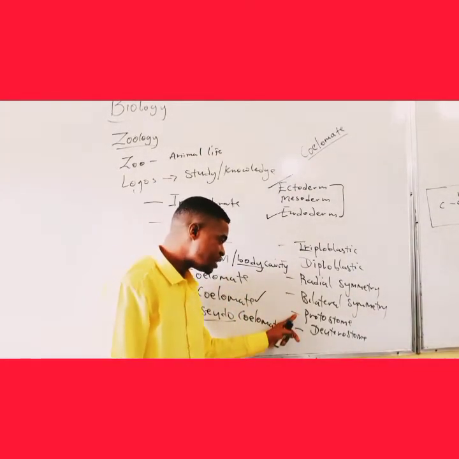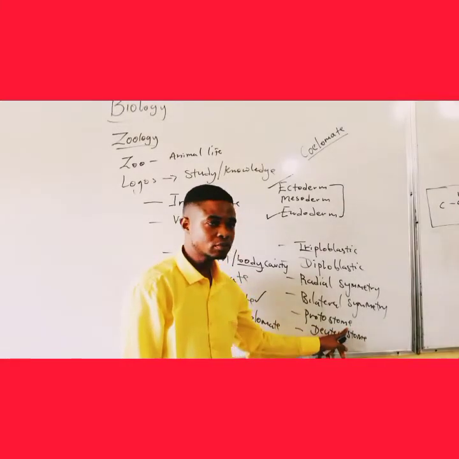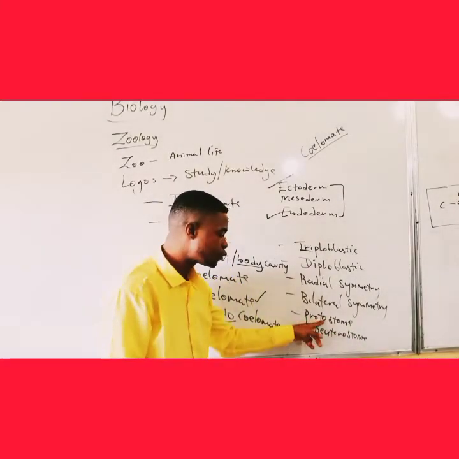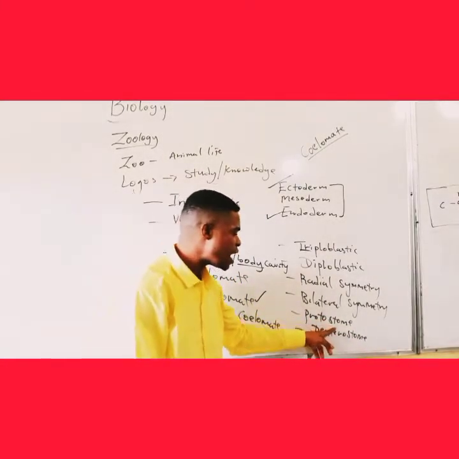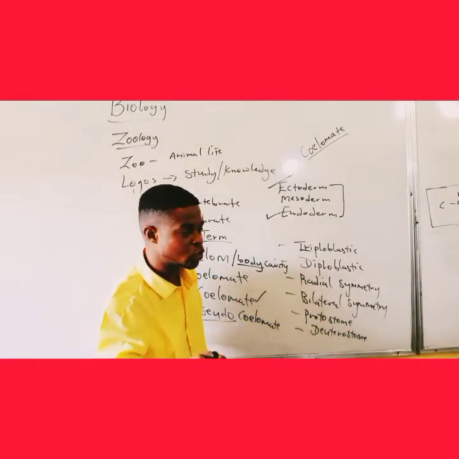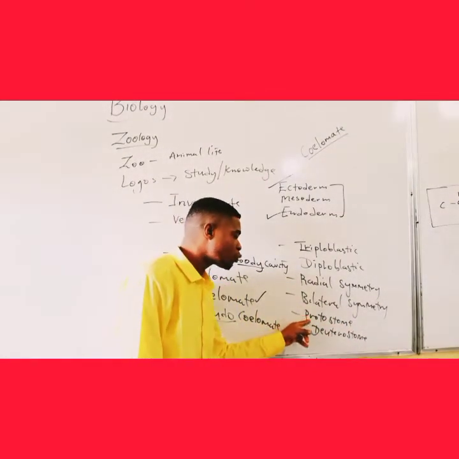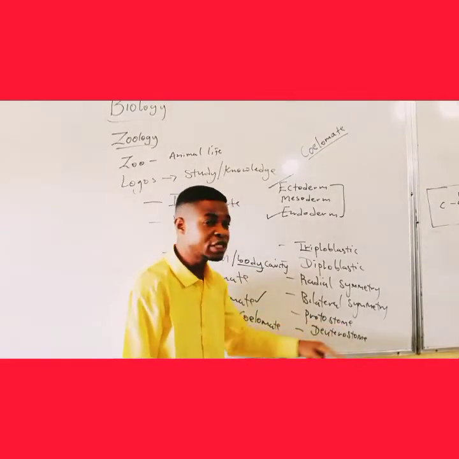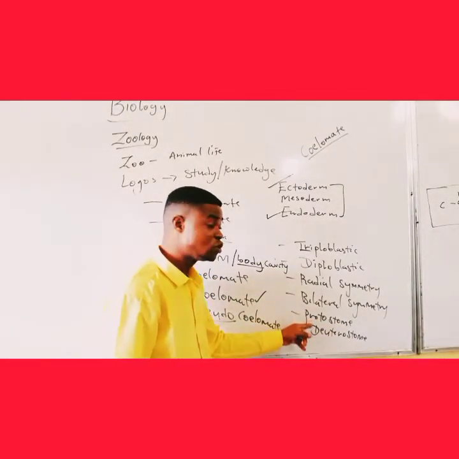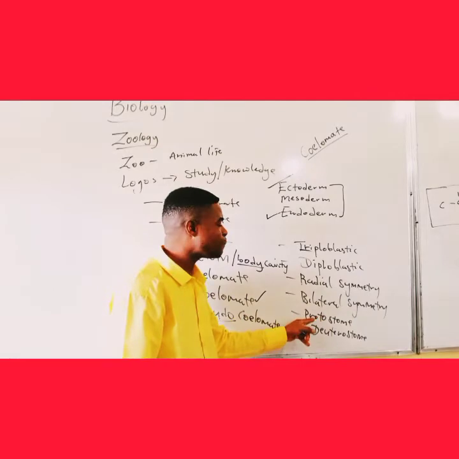All right. The next term is what? Protostome. Now the word protostome is from proto. Proto means first, and stome means mouth. Take note. So what does that connote? It connotes first mouth. So what are protostomes?